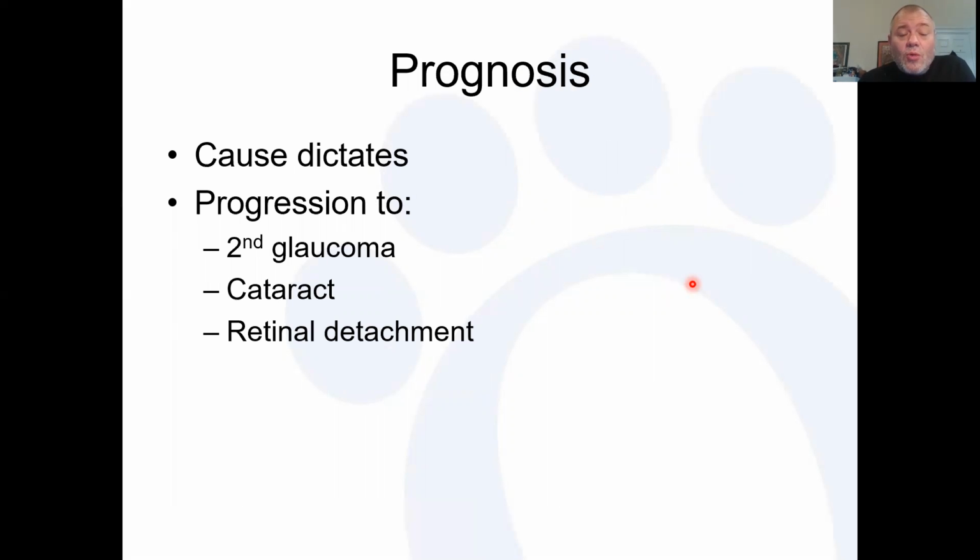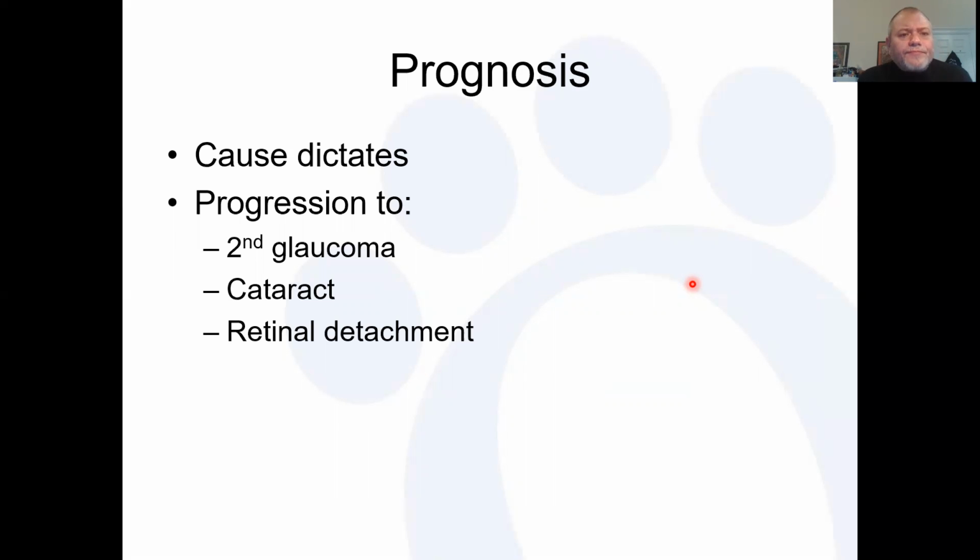Prognosis is really down to the cause. If a cat's got a life-limiting illness such as lymphoma that's driving the uveitis, or a lens-induced uveitis, where we've been unable to address the lens disease before the eyes become sensitized to lens proteins, then those eyes will continue to be inflamed for the rest of the dog or cat's life.